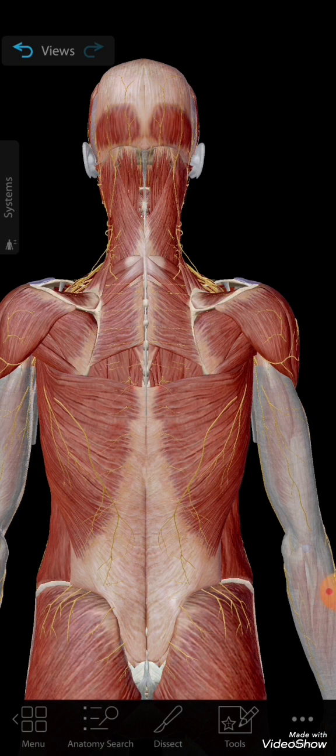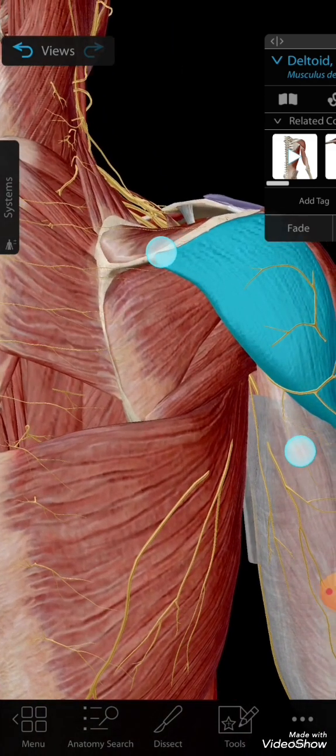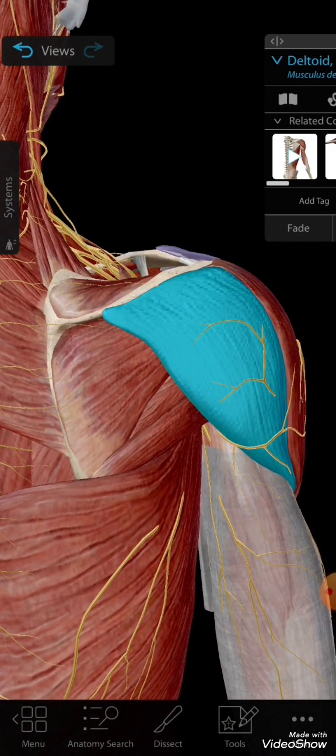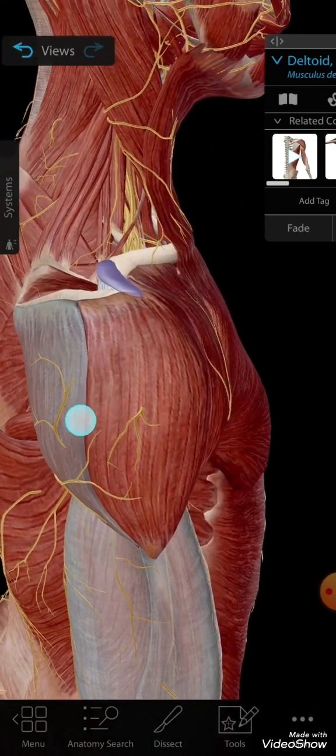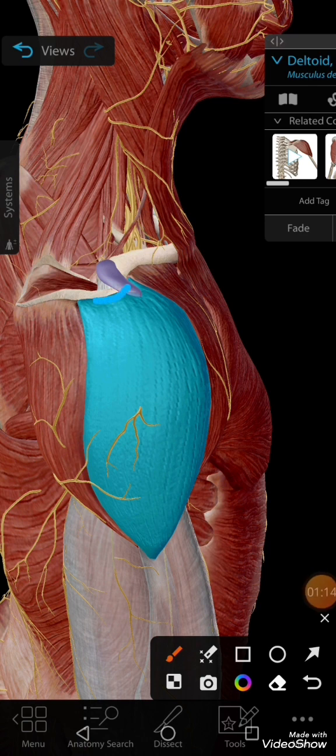But before going to the detail, have a look at this deltoid muscle. This deltoid muscle, as you can see, is attached on the lower margin or the crest of the spine of the scapula. As you can see it. Now if I rotate it laterally, you can well observe, still looking into this deltoid muscle, it is being attached on the lower border of the acromion process.